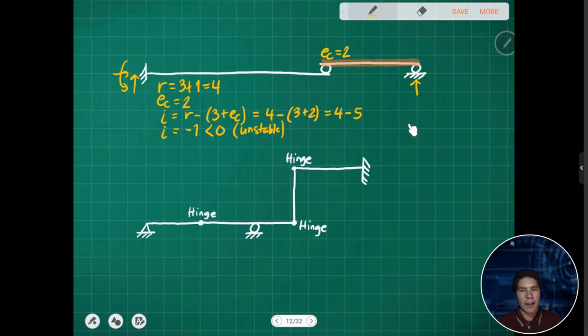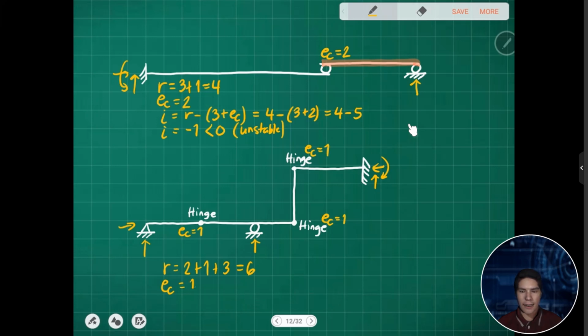So here we have two reactions, one reaction and three reactions. So a total of 2 plus 1 plus 3. Therefore we have 6 total number of reactions. For the conditional equation we have 1, and also 1 for the internal hinge.